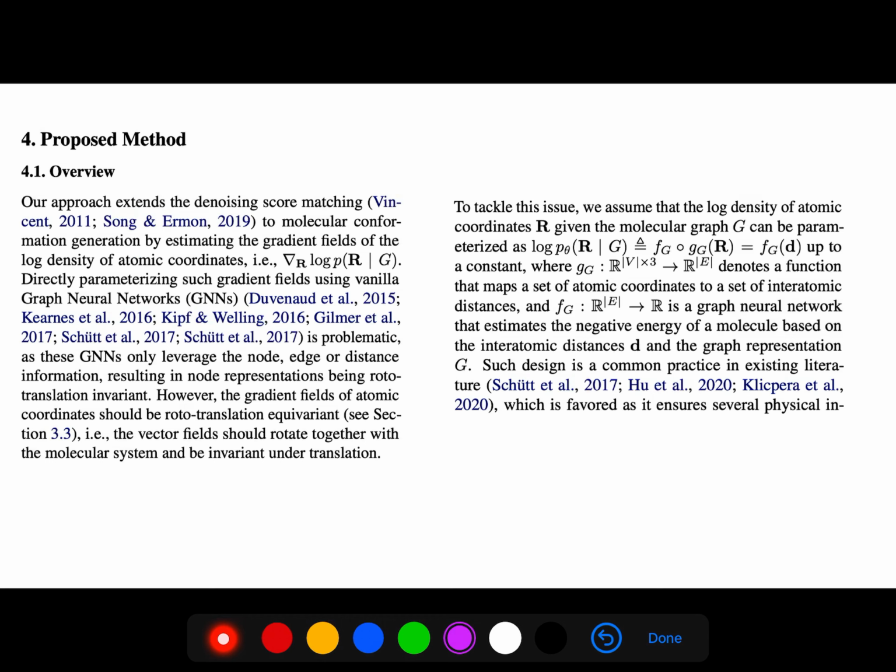So the parameterization is interesting. It is F composed with g, where g is a function that maps a set of atomic coordinates to a set of interatomic distances. And F is just a GNN.